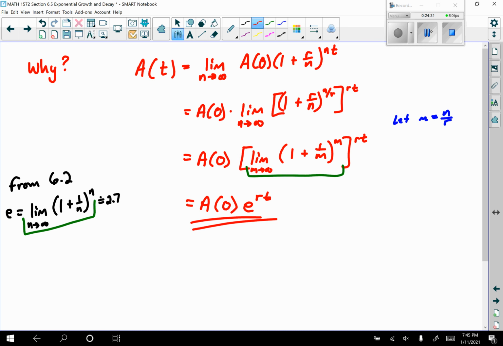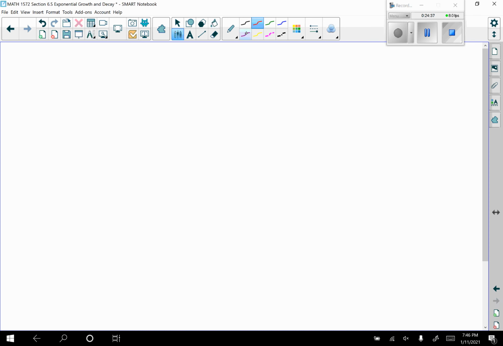All right, one more type of an example. We're going to bring in some physics here. It's Newton's law of cooling. So we're going to go back to a differential equation here.